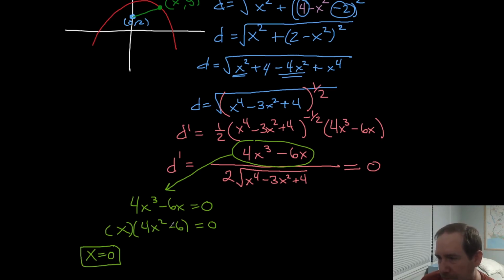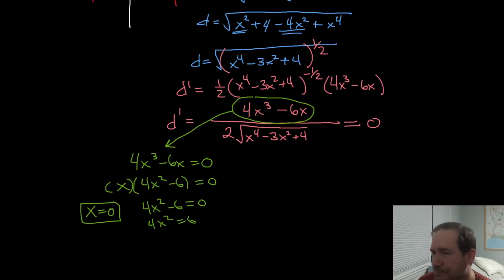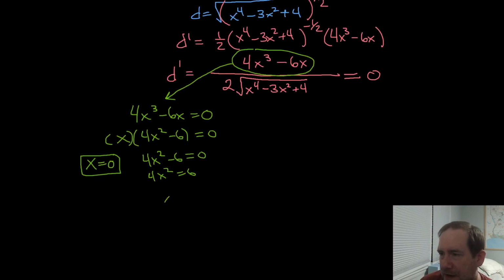Now the other one, the 4x squared minus 6, if we let that equal 0, then we'd add 6 to both sides and divide by 4. So we're looking at an x squared that equals 6 over 4, which reduces down to 3 over 2.